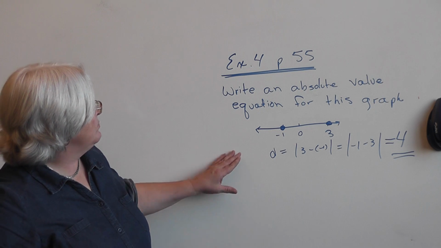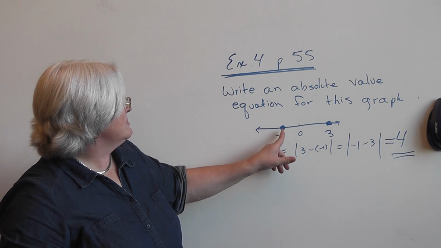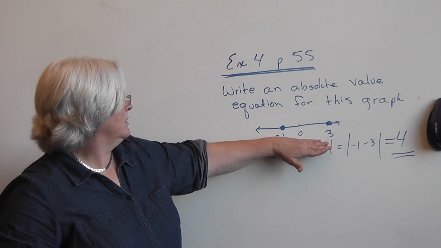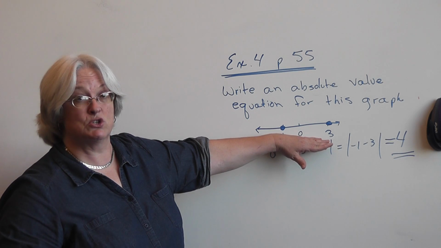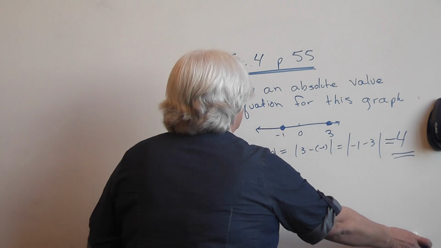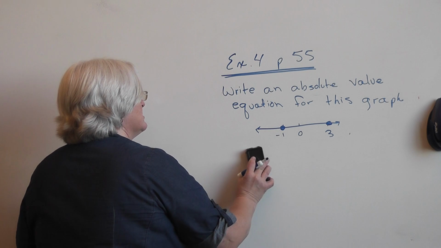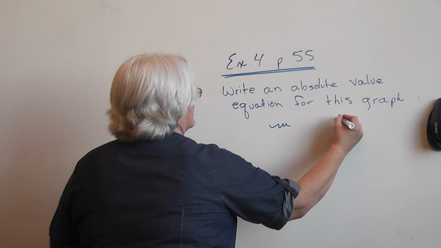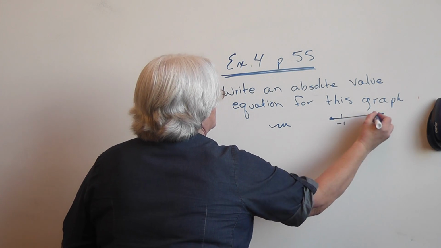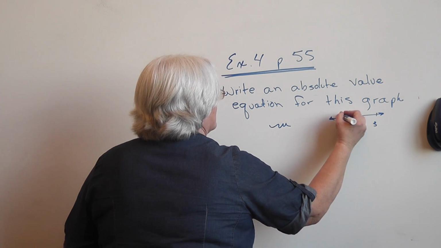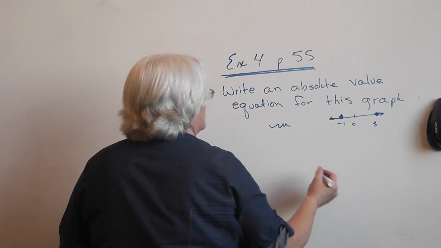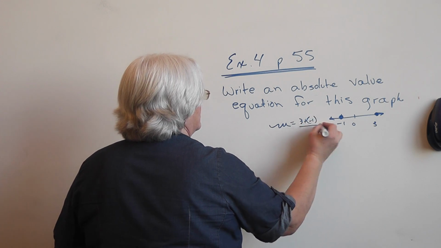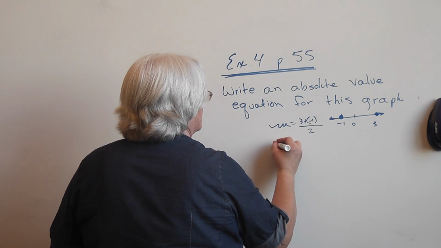Now, we want to find what our midpoint is. What's the midpoint of these two locations on the number line? Well, you have -1 plus 3 for the midpoint. I'll just sketch this over here, -1, 3, 0. The midpoint is 3 plus -1 divided by 2.